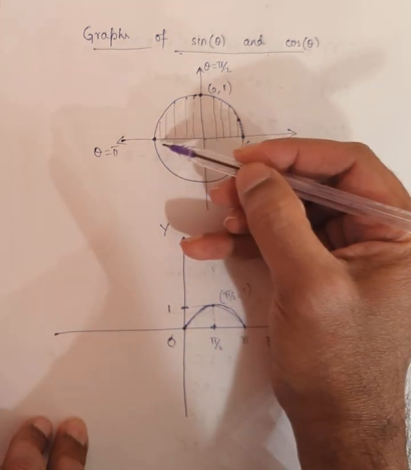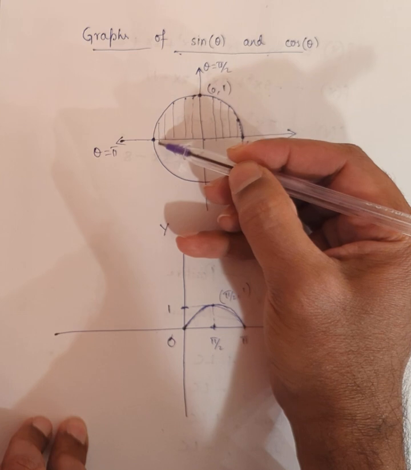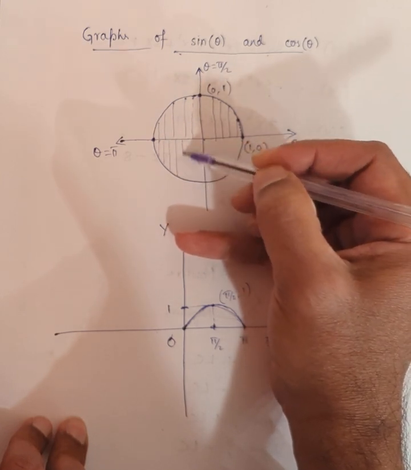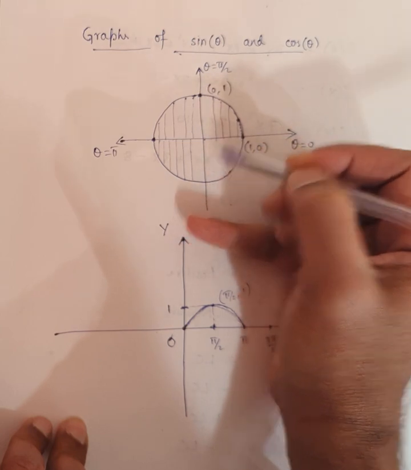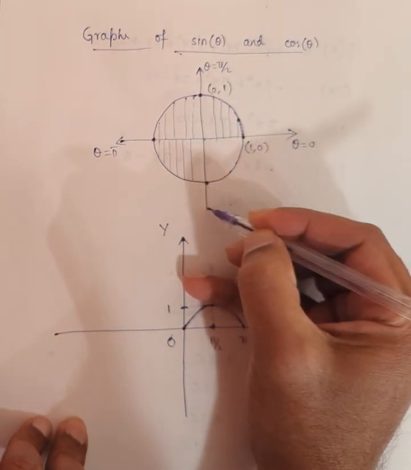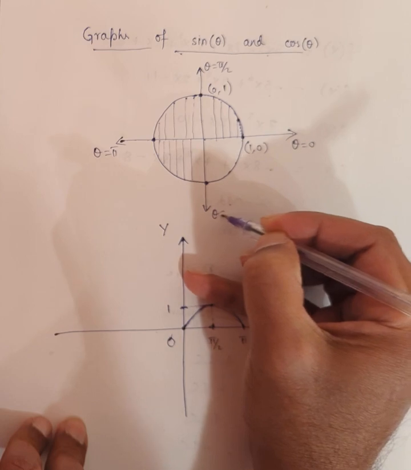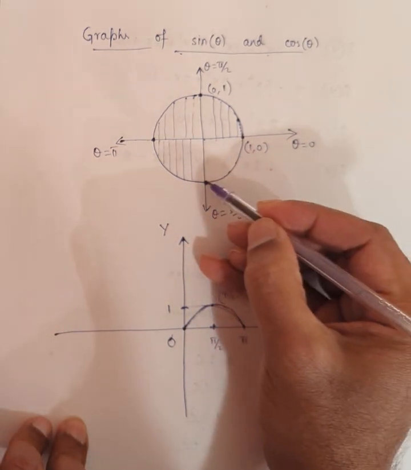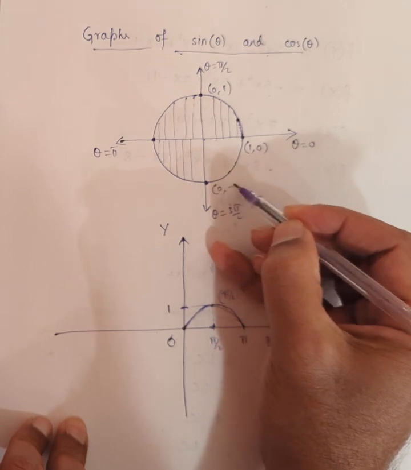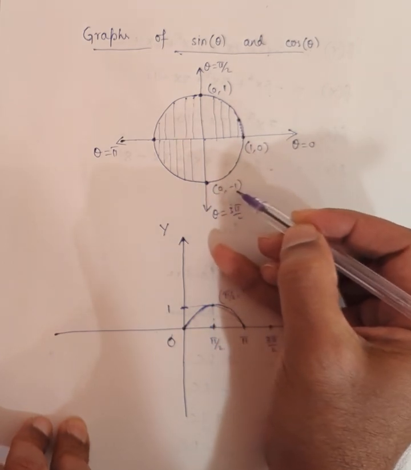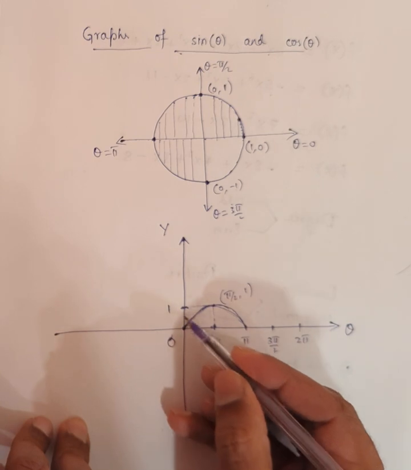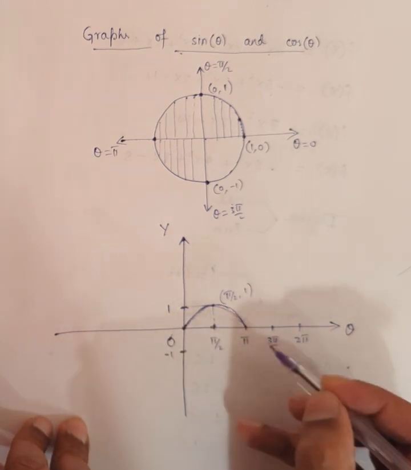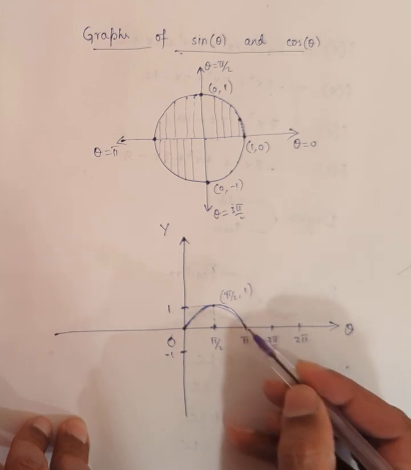And after pi, the y value gets more and more negative until it reaches 3 pi over 2, and this is 0, negative 1. So sine of 3 pi over 2 is negative 1. Positive 1 is up there, negative 1 is down here.